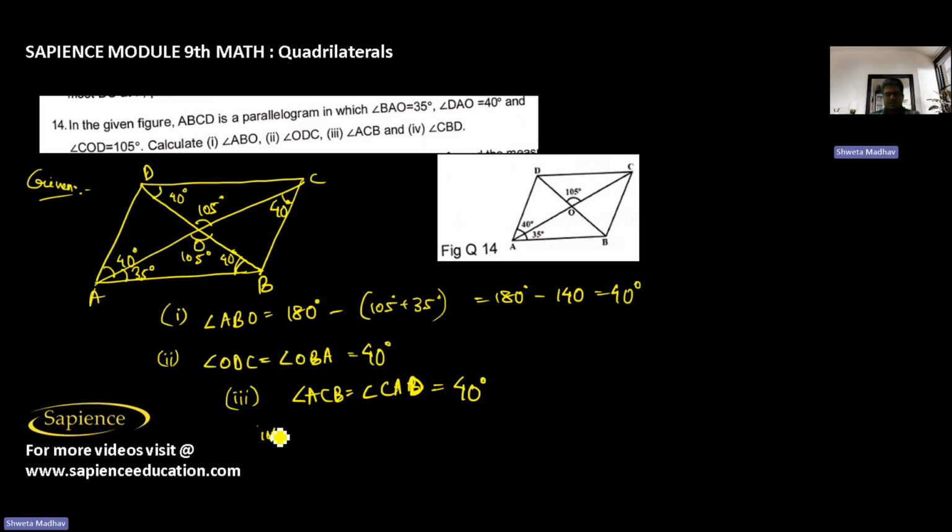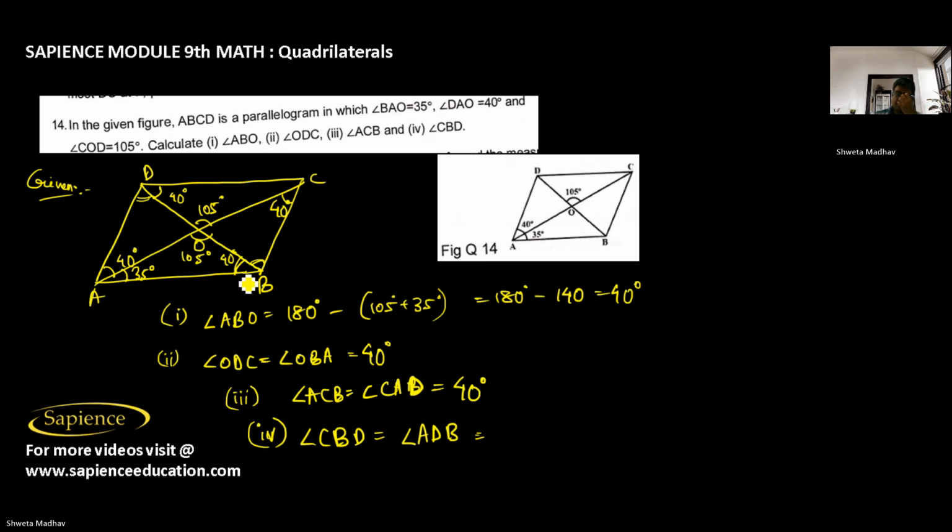Then in the fourth one, we will find angle CBT. Angle CBT will be the same as angle ADP. CBT equals ADP, since alternate interior angles are equal.